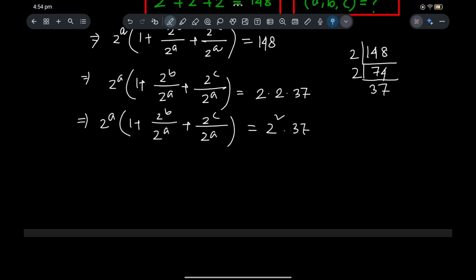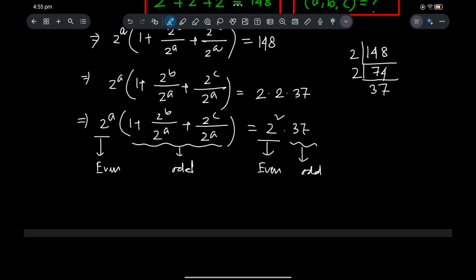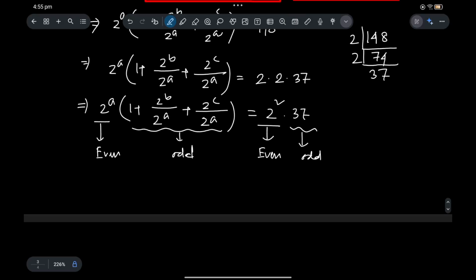So we can say this is even, this is even, this is odd, this is even, this is odd. Therefore even equals even and odd equals odd.